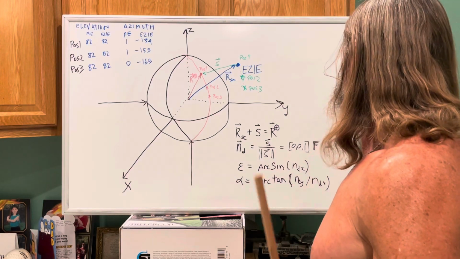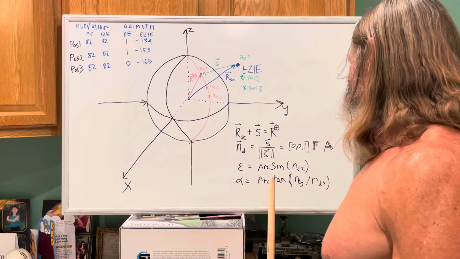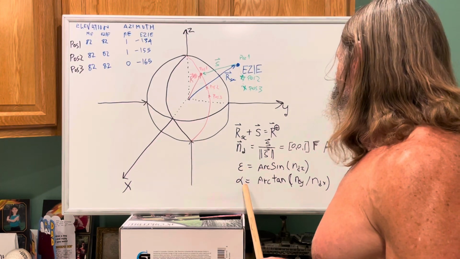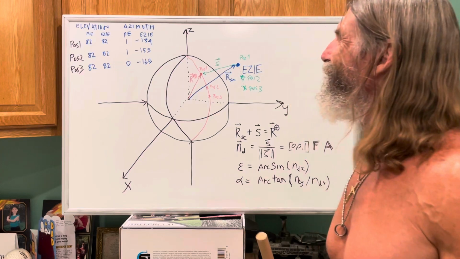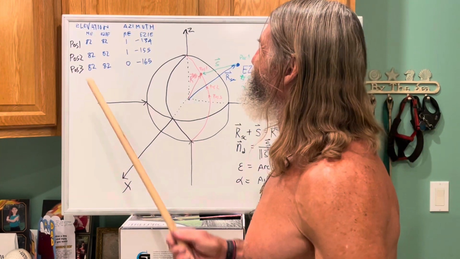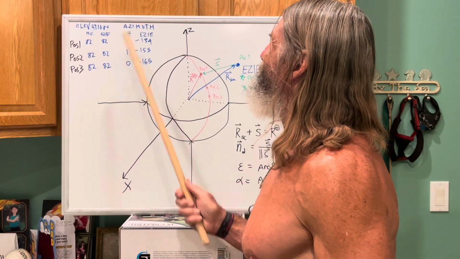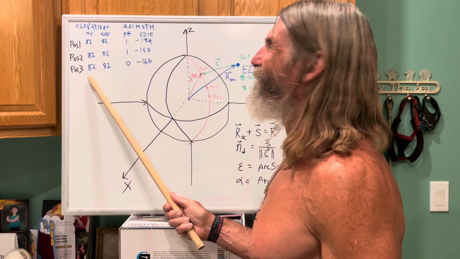So we can now solve for this F, which has two angles in it that I need to know, the elevation angle and the azimuth angle. This is the math to compute these. Here's what happens. They supply me an elevation angle and an azimuth angle. My calculation gives 82 degrees for the elevation angle.